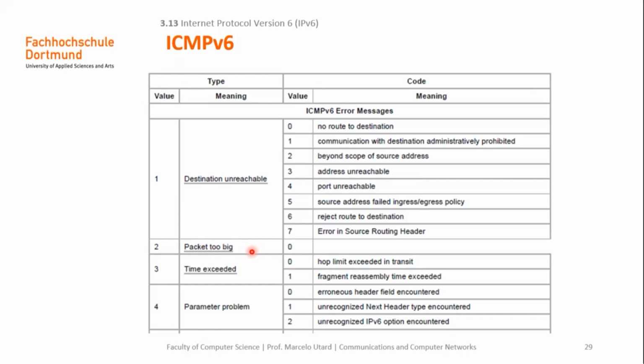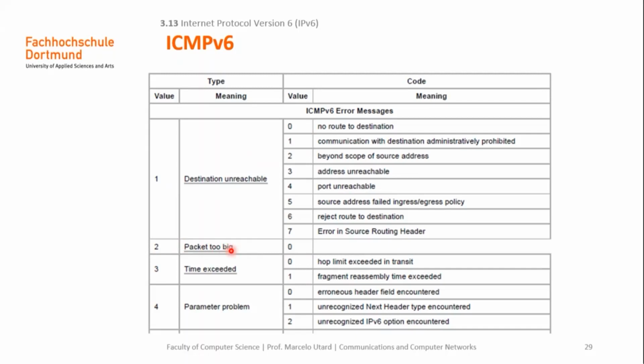Remember, when a host sends a packet to a destination, if some router detects that the packet is too big to be sent across a link, that router will drop the datagram and send to the source host an ICMP version 6 message called packet too big, indicating the MTU of the next link.